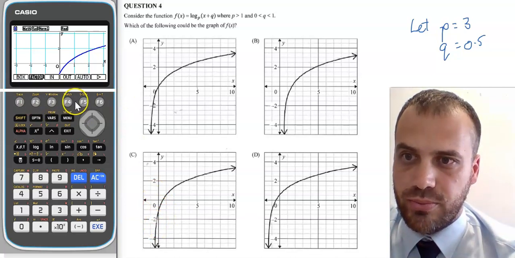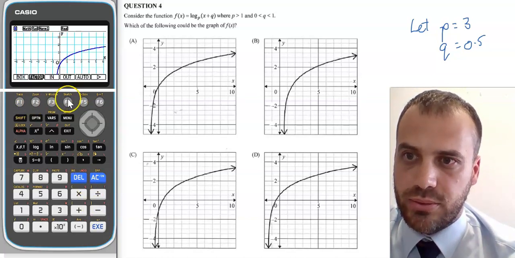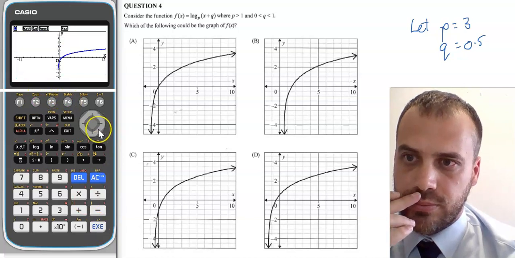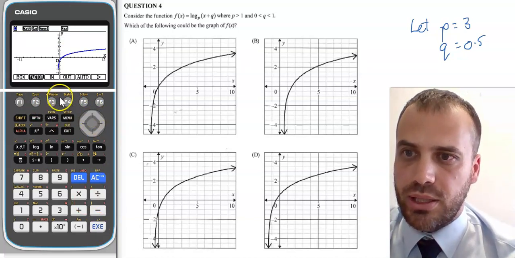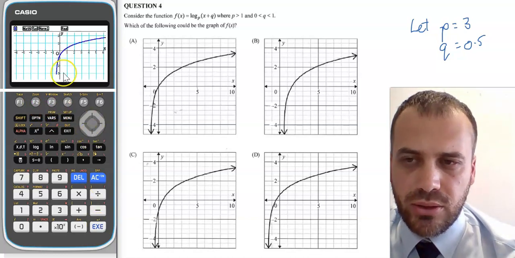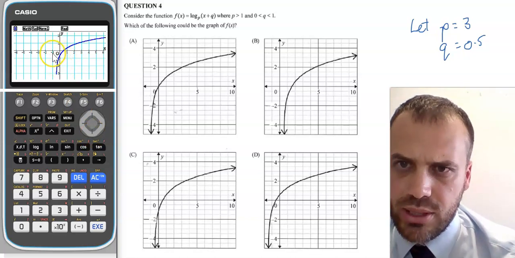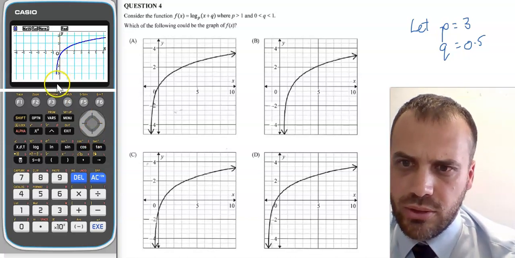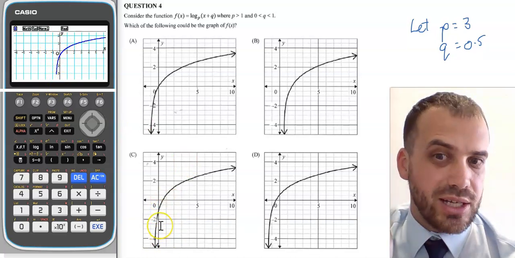So zoom out, and we'll just do a big zoom out. Maybe that's a bit too big. Zoom back in a little bit. When we do that, we can see that it looks like the asymptote is staying between 0 and -1, right? This one, again, is the only one that does that.